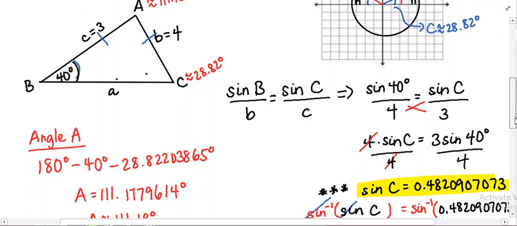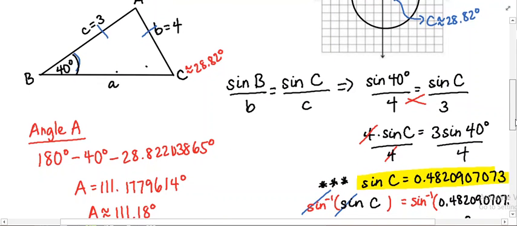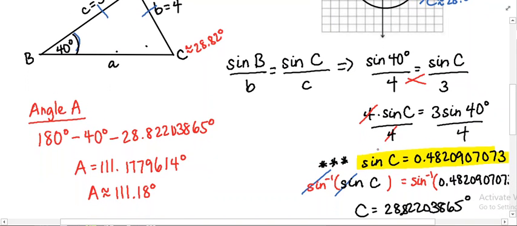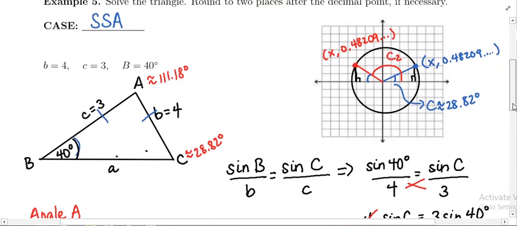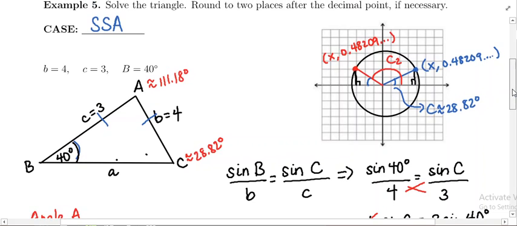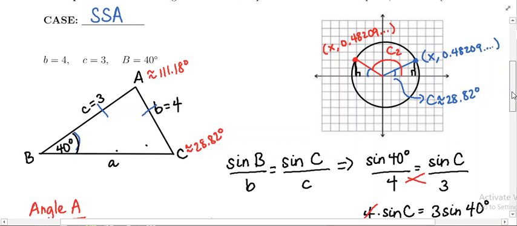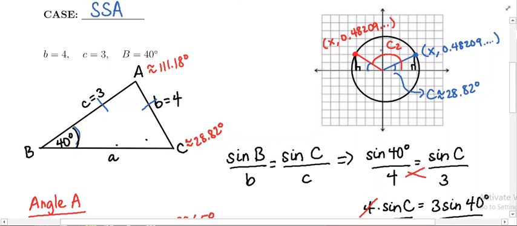But you need to check if there is a second angle that works. So you need to look at the sine value of that angle, and see if there's another angle in the first or second quadrant that has the same sine value.